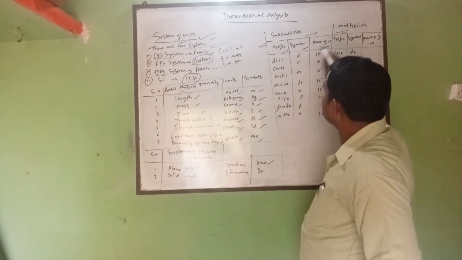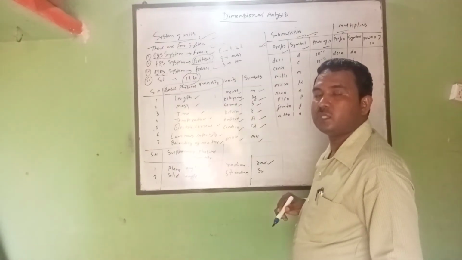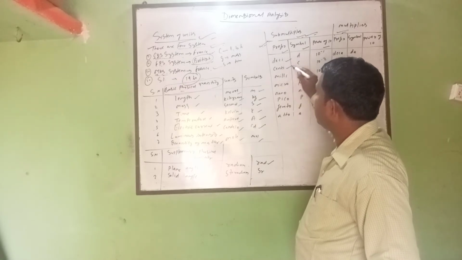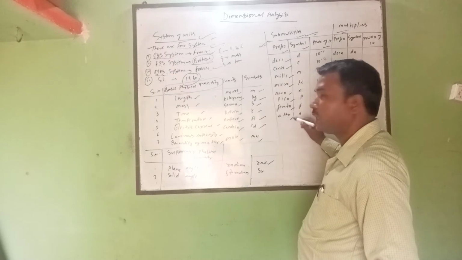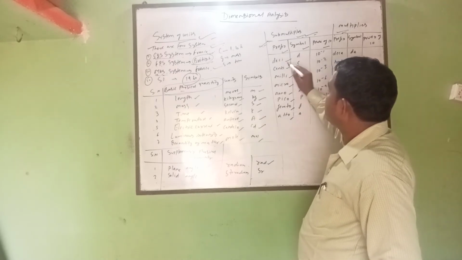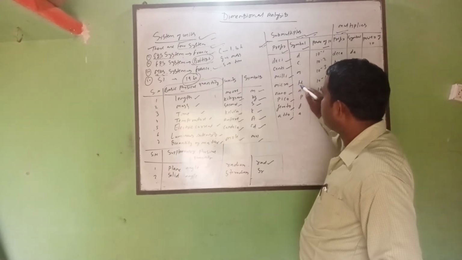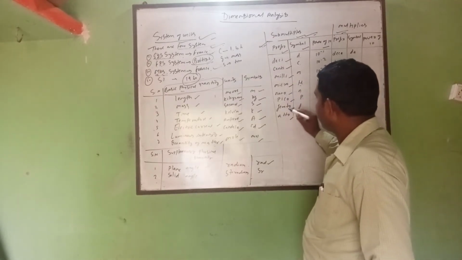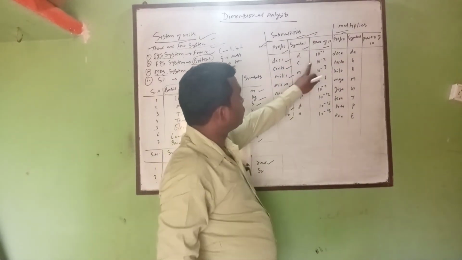Is it clear? First there are the submultiples, which will be in terms of minus: deci, centi, milli, micro, nano, pico, femto and atto. Deci symbol d, centi c, milli m, micro μ, this is the mu, nano n, pico p, femto f, atto a. And the power is also mentioned.